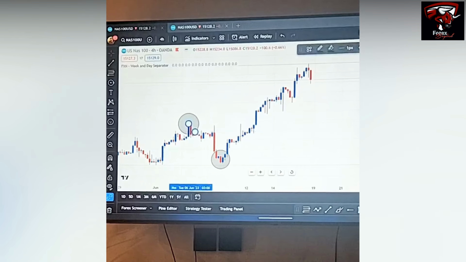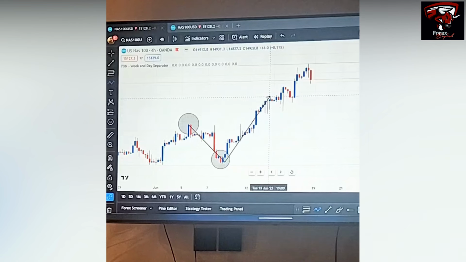But what happens if you are selling low, right? Because you were told to sell low, right? So you sell low, and then price comes up and takes you out. Then you're like, but I sold low, right?